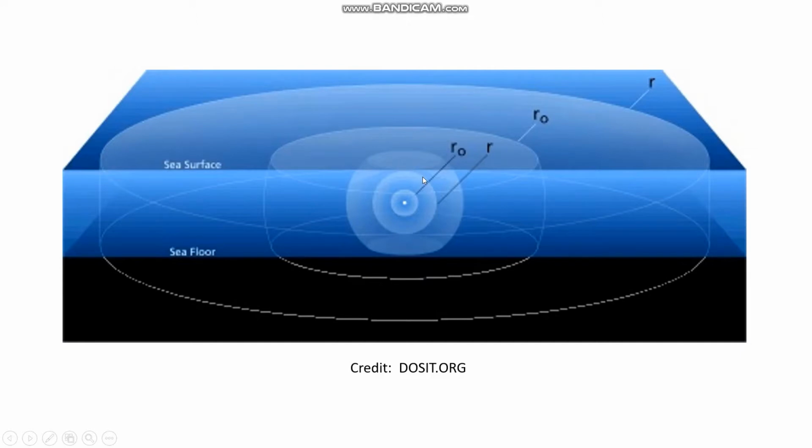And that gives us the spherical spreading loss, which mathematically is 20 times the log base 10 of the distance that you are at, with a reference distance being 1 meter.